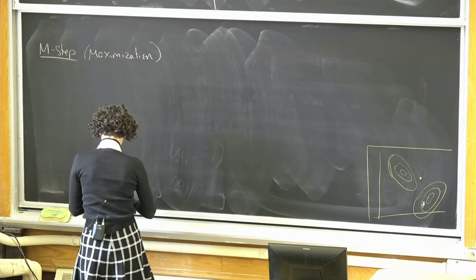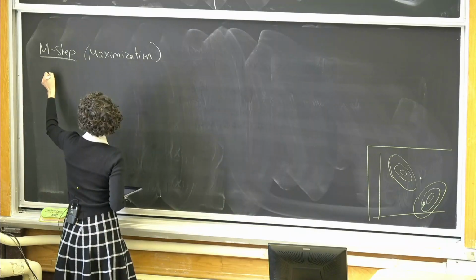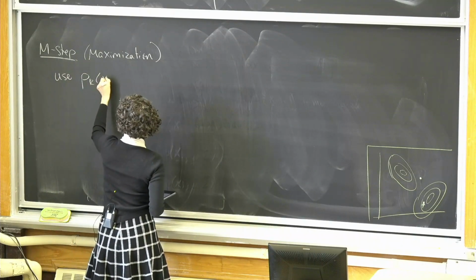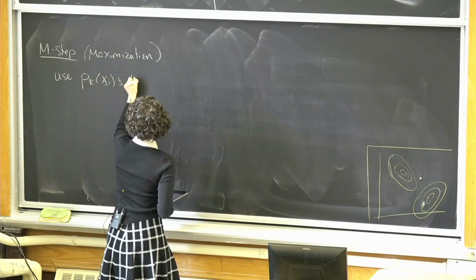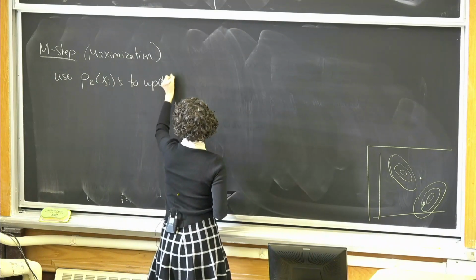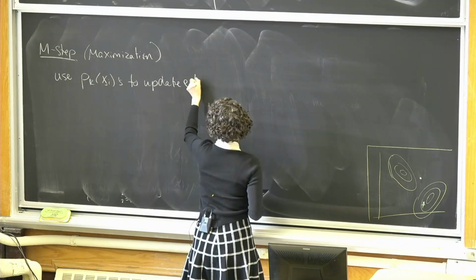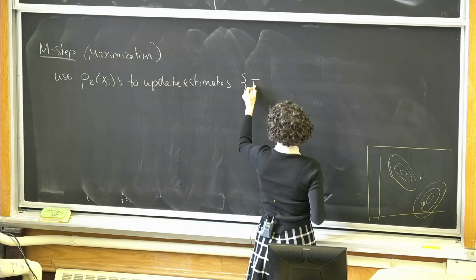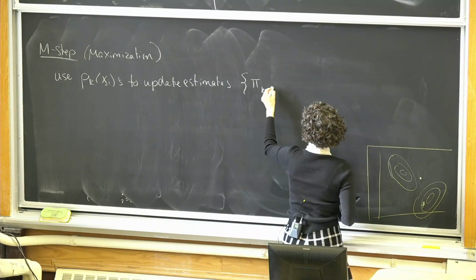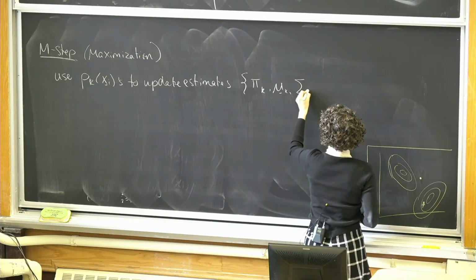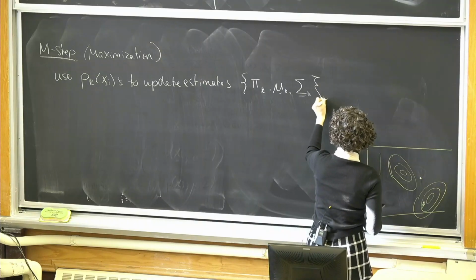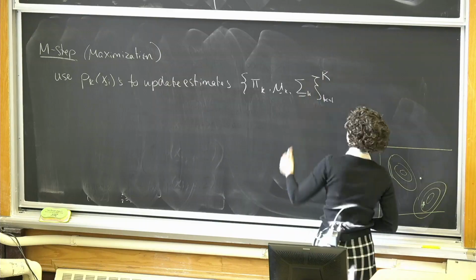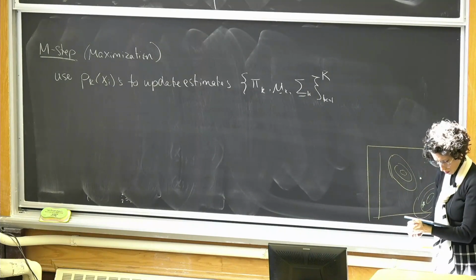And in particular, what we are going to do is essentially use these responsibilities, the p_k(x_i)s, to update our estimates of all the different parameters, the pi_k's, the mu_k's, and the sigma_k's for little k equals 1 to capital K.